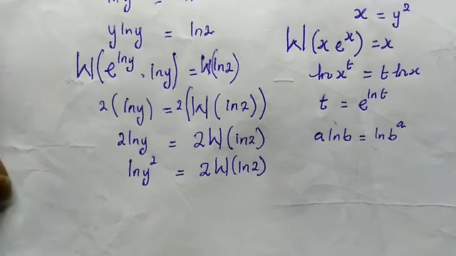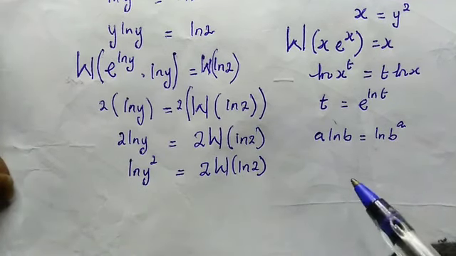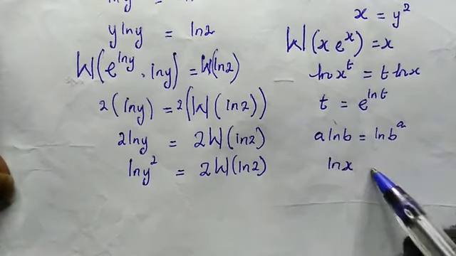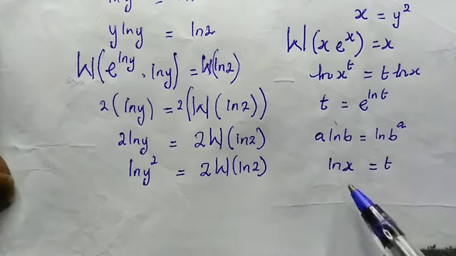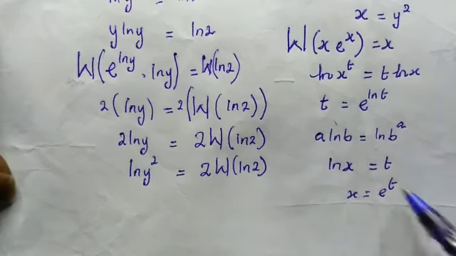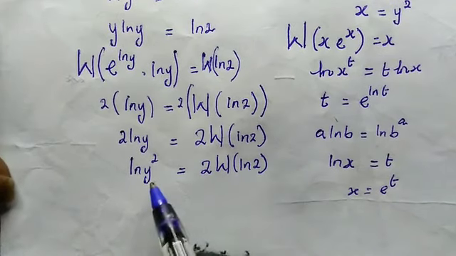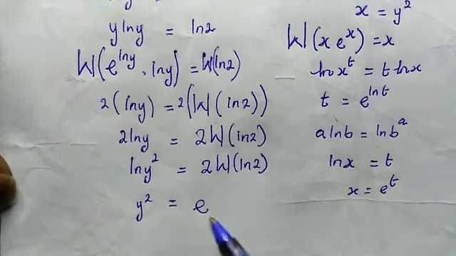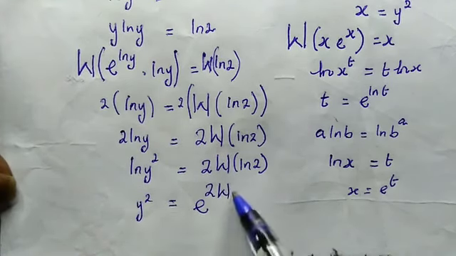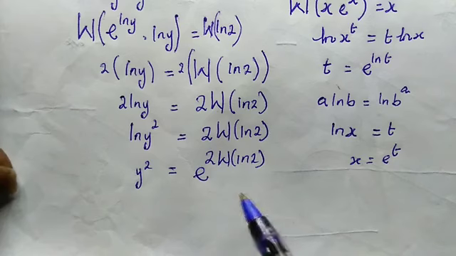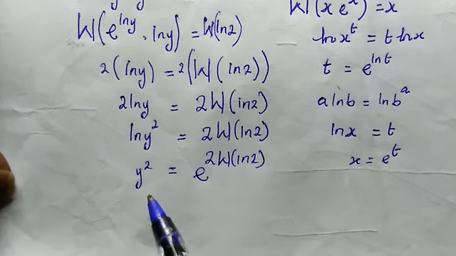And from here, we know this property. When we have the natural log of x to be equal to t, here x is the same as e to the power of t, right? So for here, y squared is equal to e to the power of 2 times the W of the natural log of 2, right? And we can see what has happened.